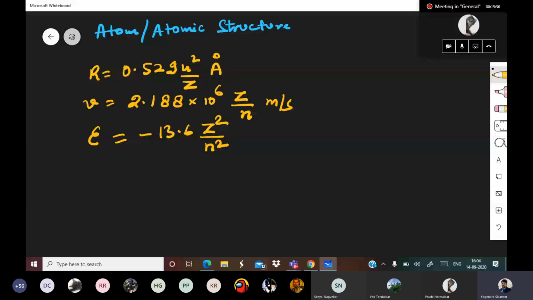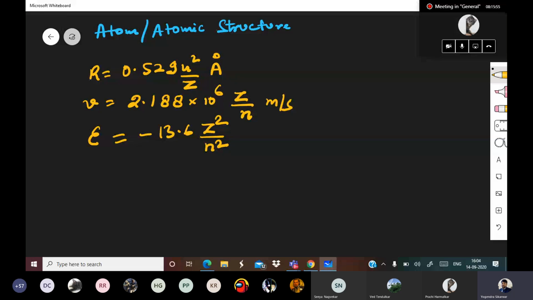Now let us talk about velocity. If z is increasing, that means atomic number is increasing. Atomic number means the number of protons available in the nucleus. If positive charge is increasing, then velocity is increasing, because the nucleus will be able to pull more.